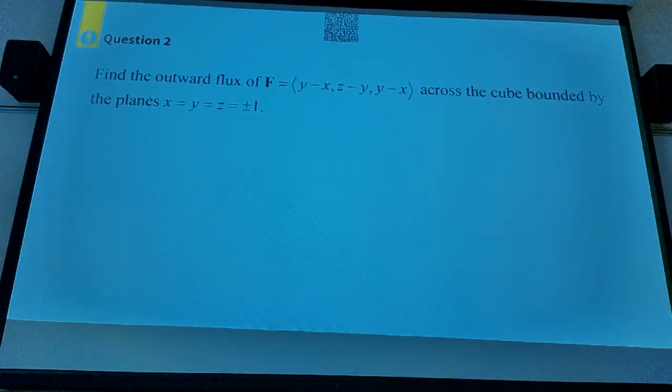Outward flux of that vector field, y minus x, z minus y, and y minus x, across the cube bounded by the planes x equals plus or minus 1, y equals plus or minus 1, z equals plus or minus 1. First thing to ask yourself, is this a closed surface?